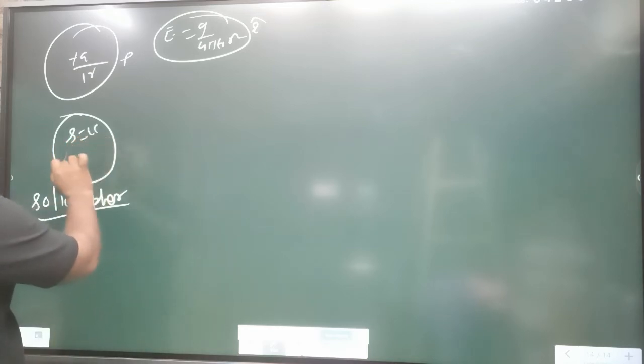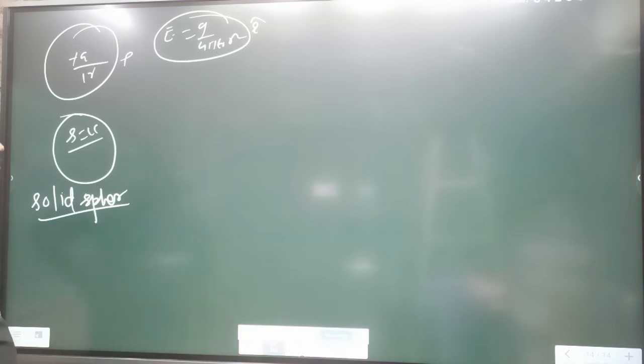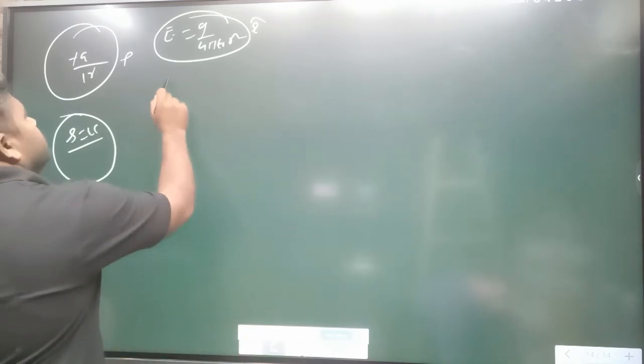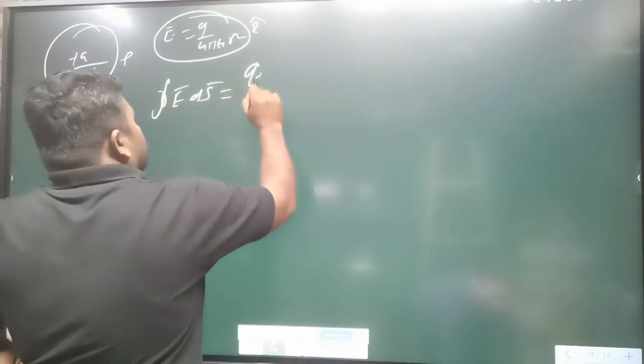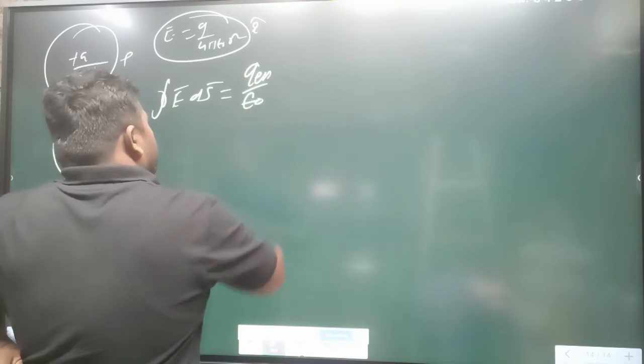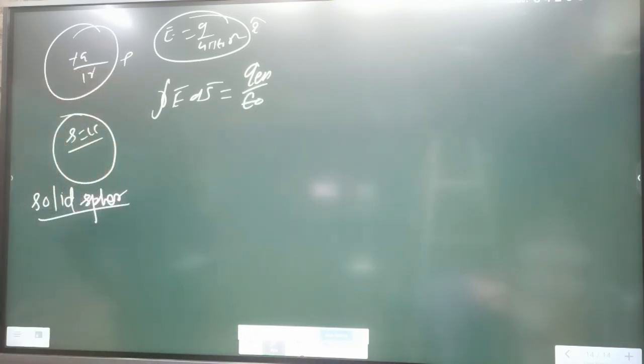Inside, rho is equal to a constant. Closed integral, Gauss law: E bar dot dS bar is equal to Q enclosed upon epsilon naught. The electric field is normal to the surface, and the area vector is normal to the surface. The angle between them is 0.